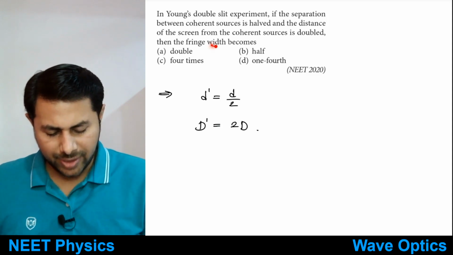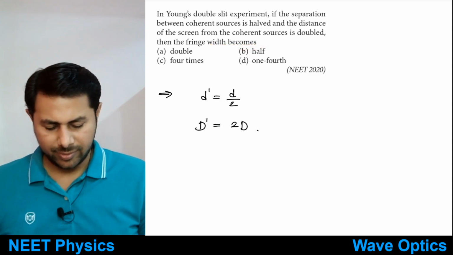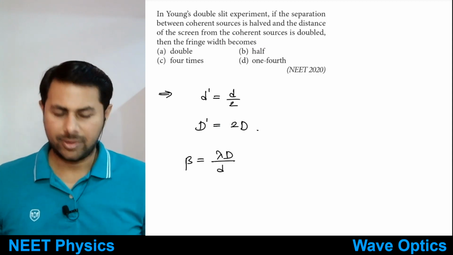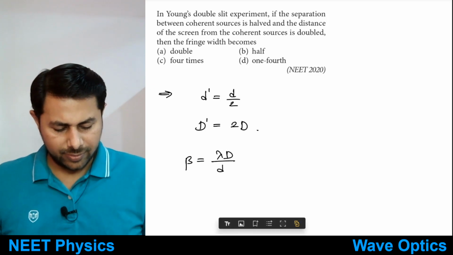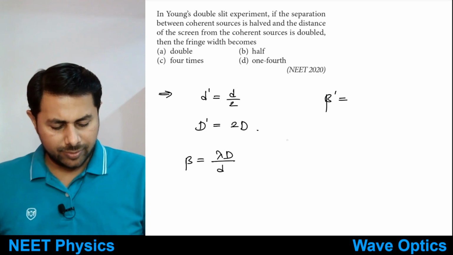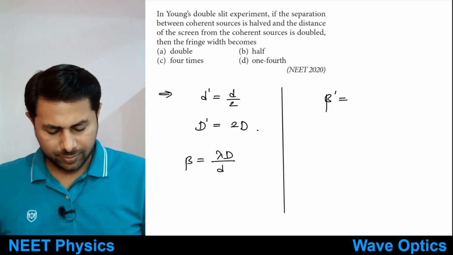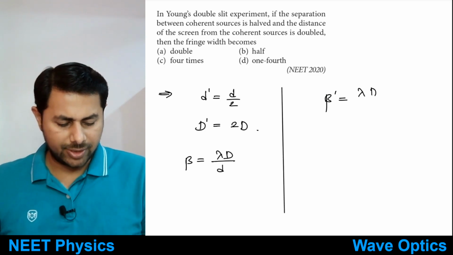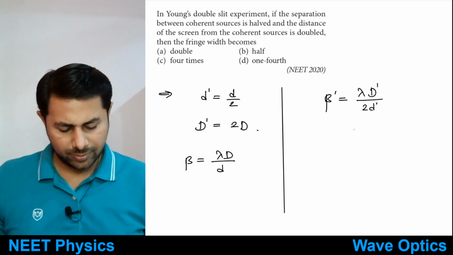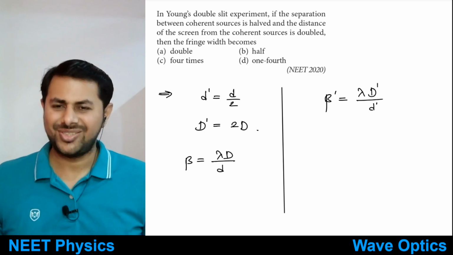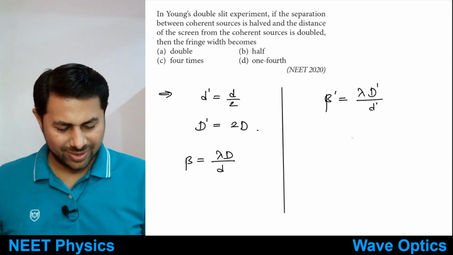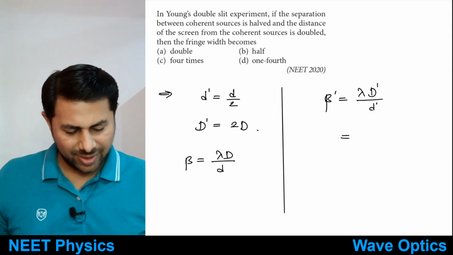Then the fringe width becomes, so very simple. You know fringe width beta is equal to what? Lambda capital D by small d. So beta prime would be equal to lambda capital D prime by small d prime. Put the values here.